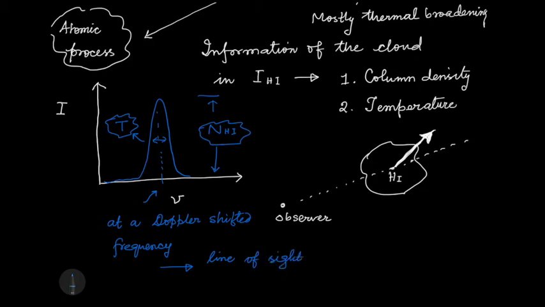Looking at that shift, I can figure out what is the line of sight component of the velocity of the cloud.